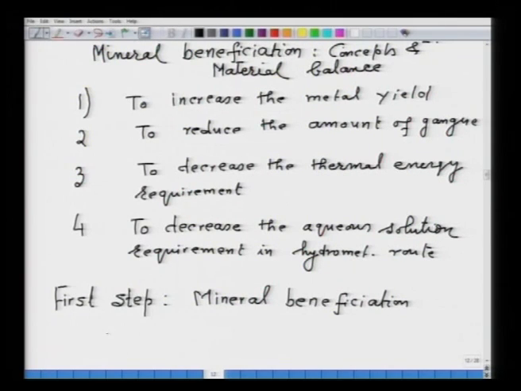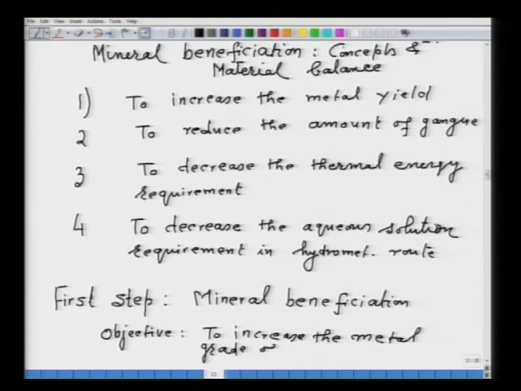The objective of this step is to increase the metal grade of the ore, that we are very clear about.